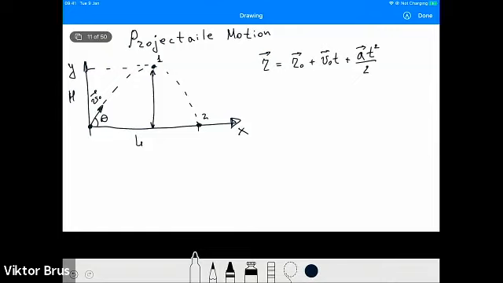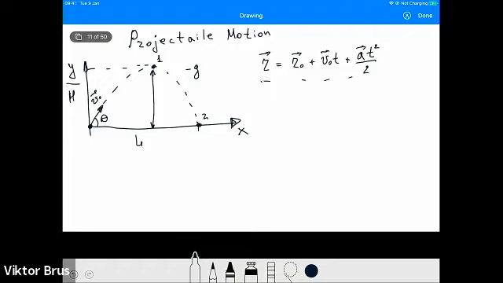So projectile motion is also a case of two-dimensional motion with constant acceleration. It's actually minus g because it's directed down, in the opposite direction from the y-axis, and that's why this approach is valid in this case.